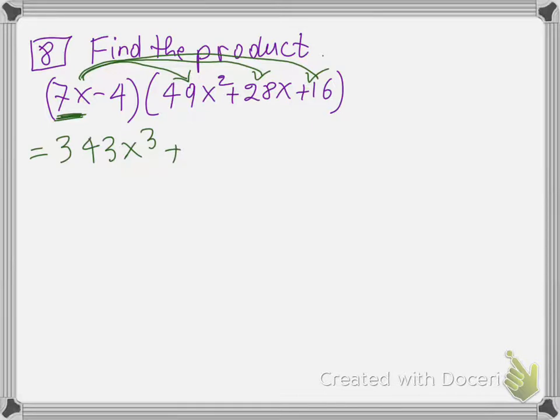Plus 7x times 28x. 7 times 28, 196x squared plus 7x times 16. 7 times 16, 112x.